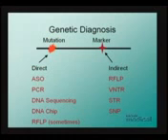Another technique that we can often use for direct diagnosis is PCR, the polymerase chain reaction. If we know exactly what that mutation is and exactly where the mutation is, we can amplify the DNA sequence surrounding that mutation to determine whether a person has inherited the normal or mutant allele. An example would be the most common mutation that causes cystic fibrosis.